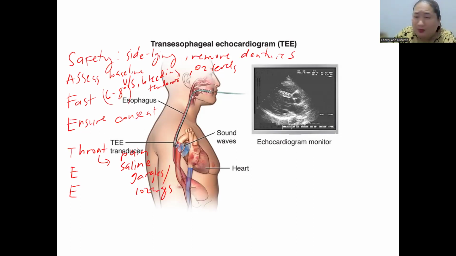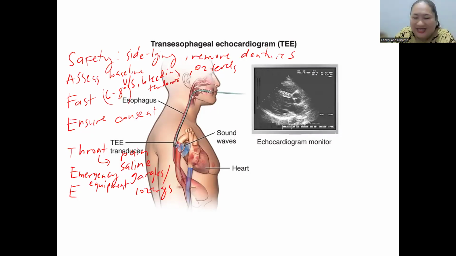Then of course one important thing in preparation is to make sure that there is emergency equipment at the bedside just in case there is airway obstruction afterwards because of, let's say, throat edema. So you have your O2 and your suction there. That's important.